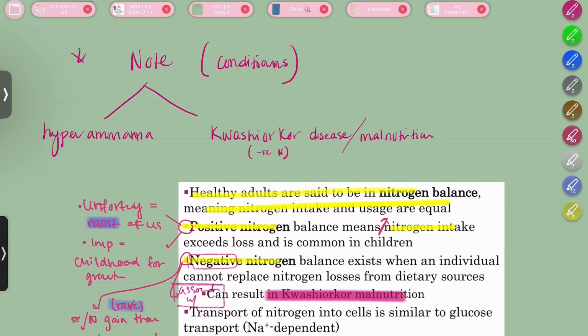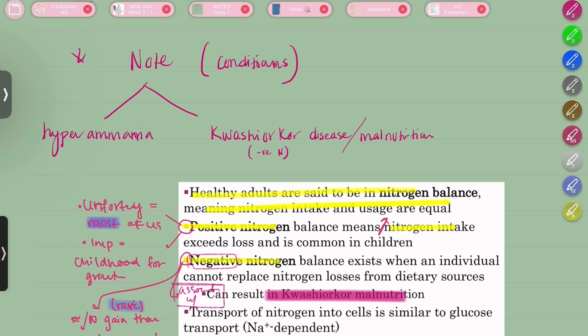Now, this condition is known to be a negative nitrogen balance condition, and it also means that the amount of nitrogen intake is much less than what is being excreted from the body.